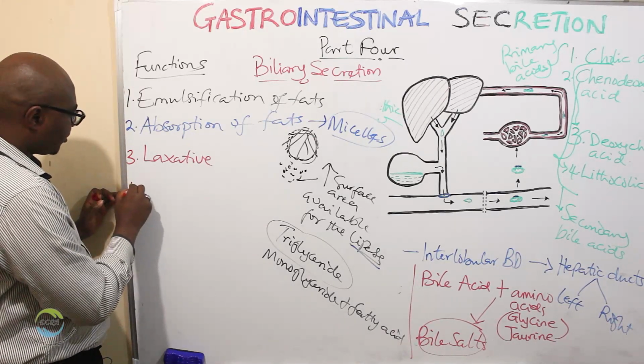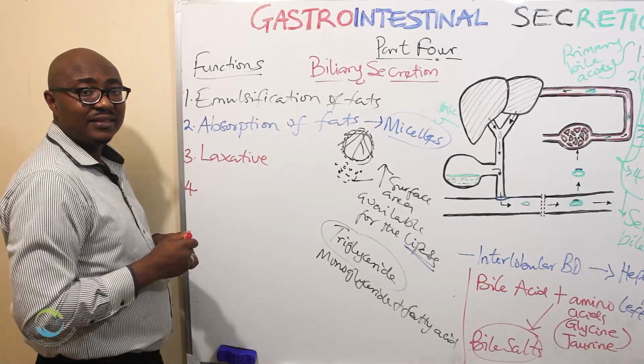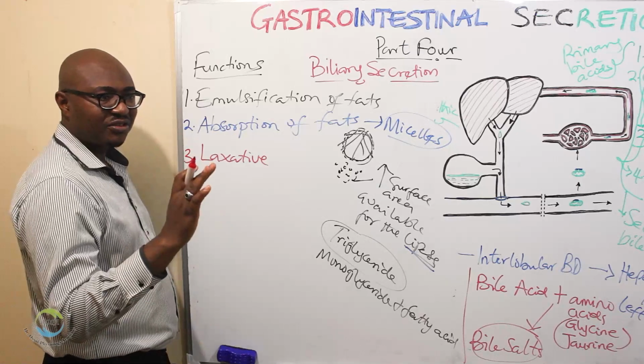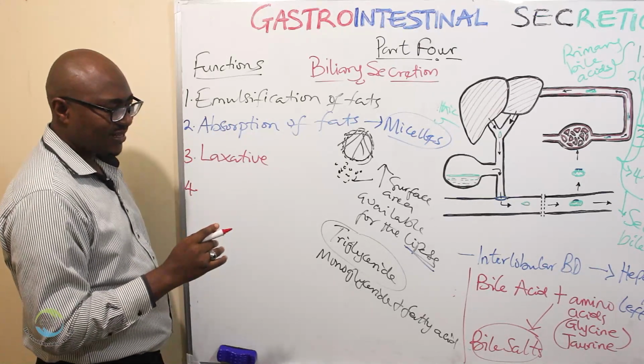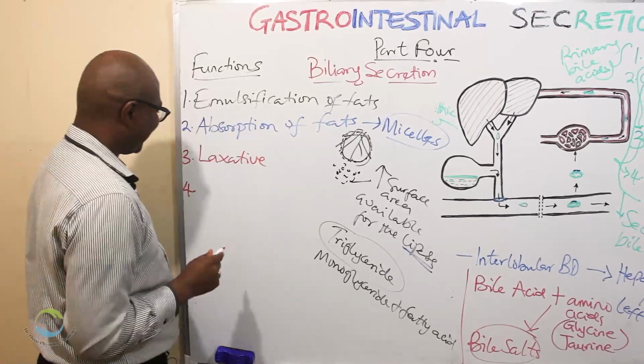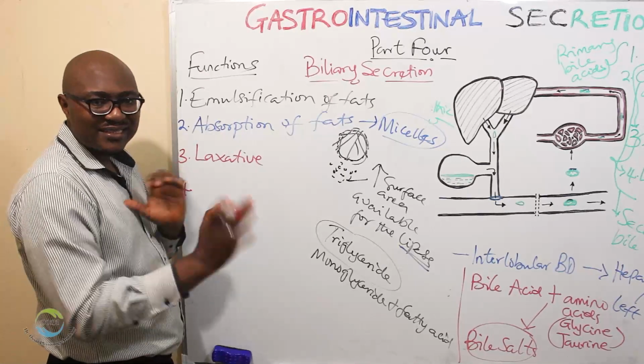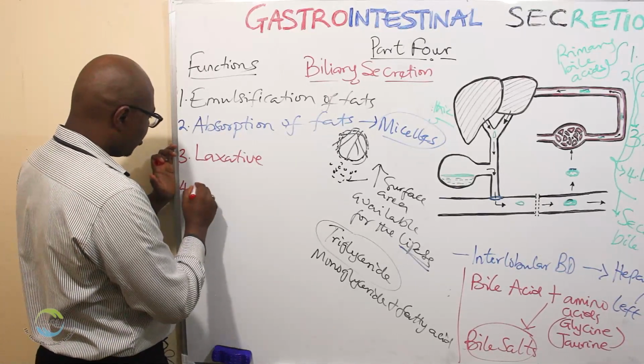Then number 4 is that bile helps in the excretion of substances that are not needed in the body. And what is that substance? Bilirubin. We mentioned it as a constituent. Bilirubin is useless to you. You don't need it in the body at all.